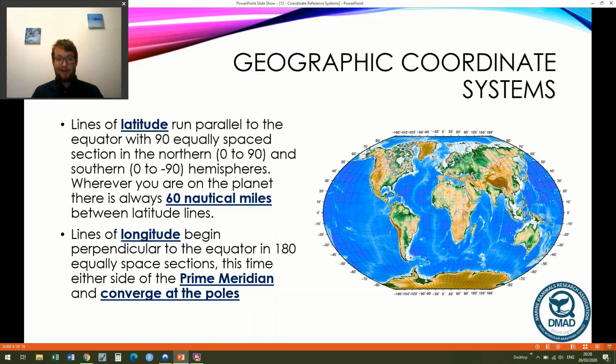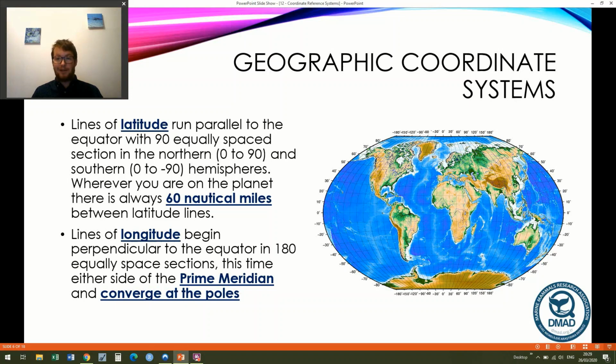Lines of longitude begin perpendicular to the equator, as you can see. They all come out perpendicular to the equator, and then they get closer and closer together until they converge at the poles. And there's 180 degrees both sides of the prime meridian. The prime meridian, as you can see on the image on the right, is the 0 line, and this runs through Greenwich in the UK.